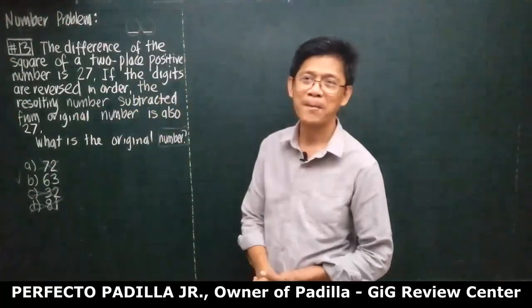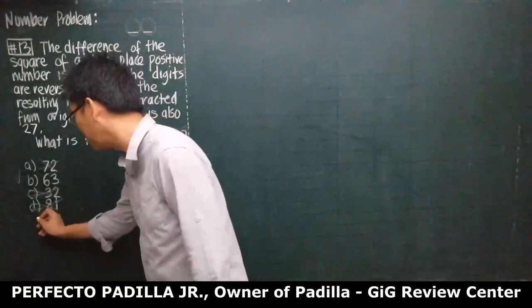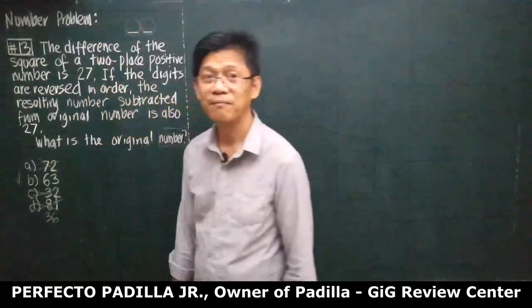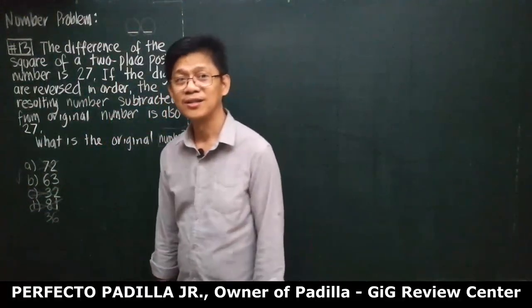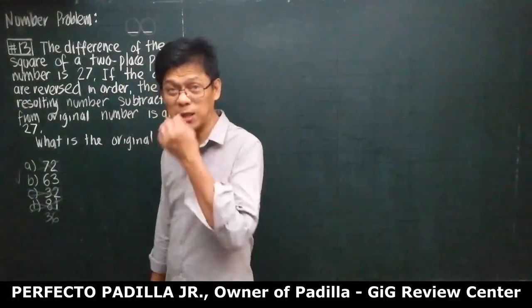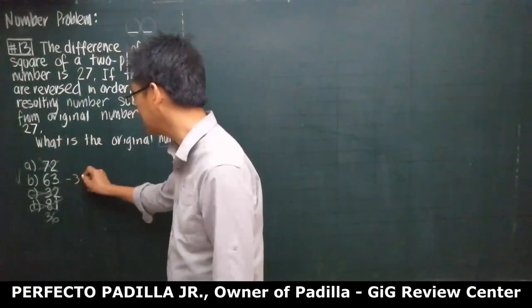You follow? Maliwanag. Okay? What if one of the choices, for example, is 36? So, paano to? So, the difference, binaligtad lang, is 27. But look, 63 minus 36 is what?